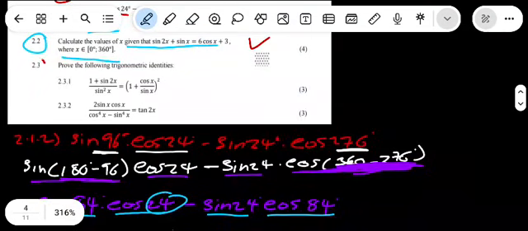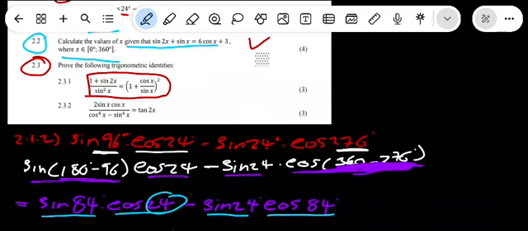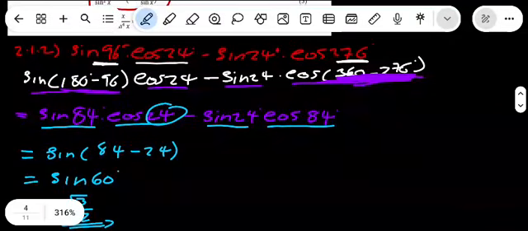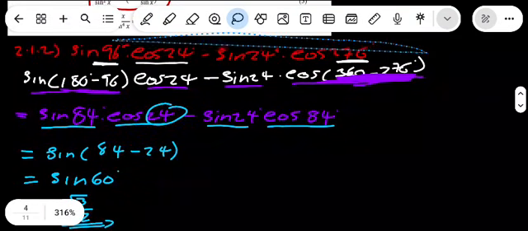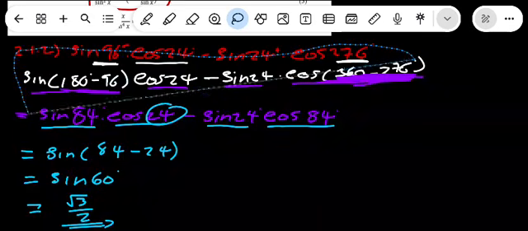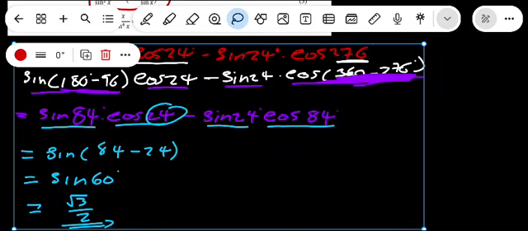So we have 2.3 now, which says we should prove this identity that we are given there. We want to prove that. Let me just erase this.